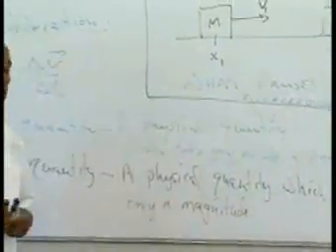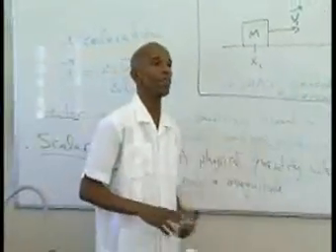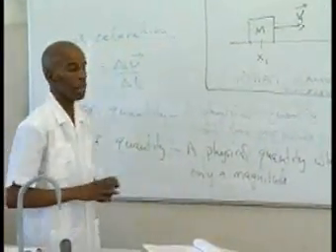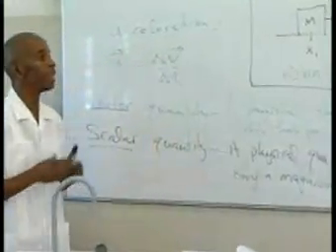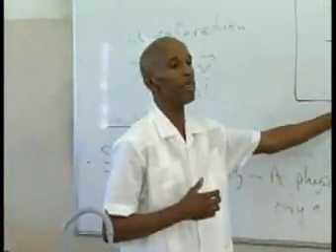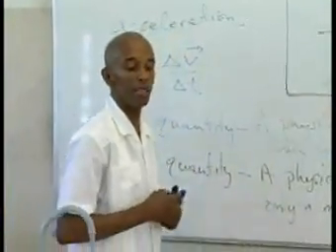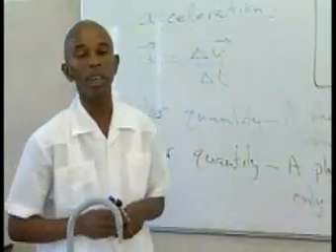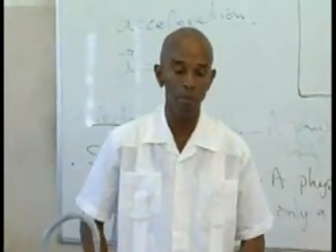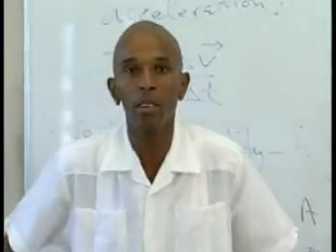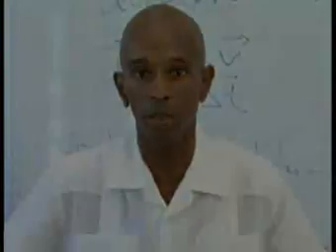We will see that the cause of the acceleration is what we are calling force, and the interaction of the force and the acceleration on the body is governed by three fundamental laws that we are going to learn today, and these laws are known as Newton's laws of motion.